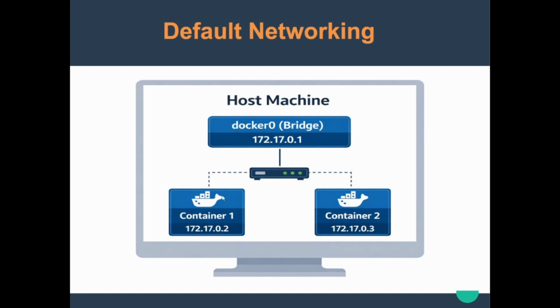So if container A wants to communicate with container B, as these are all on the same network, they can communicate. They can communicate through this to the internet as well.